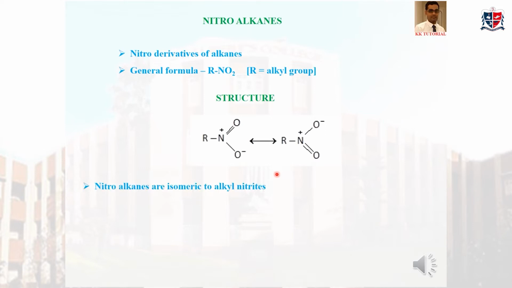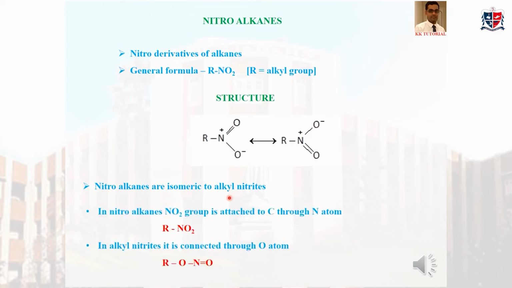Another important point regarding nitroalkane is that nitroalkanes are isomeric to alkyl nitrites. When a general formula RNO2 is given, we should not be confused between alkyl nitrites and nitroalkane. That means in nitroalkanes, the NO2 group is attached to carbon through the nitrogen atom.